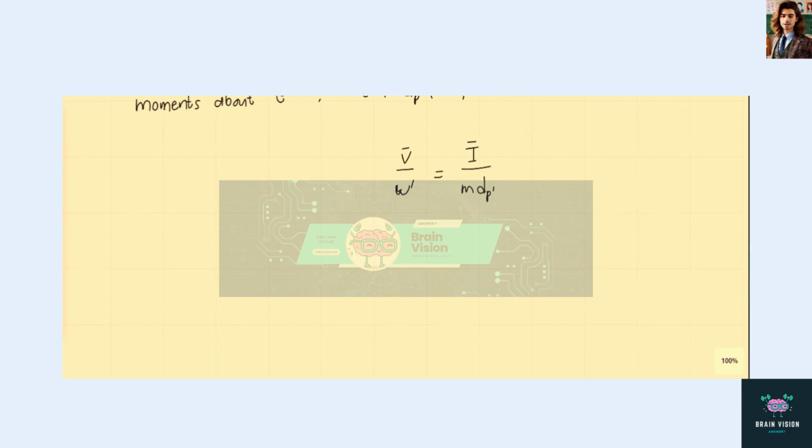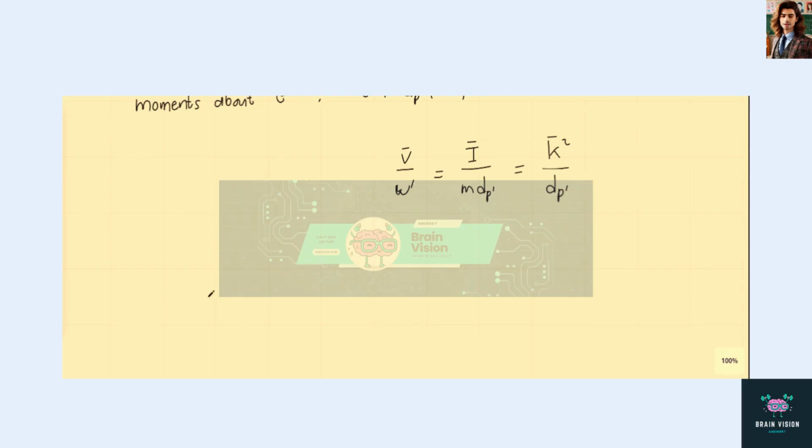And like before, we show that this is equal to k bar squared over dP prime. And now in this problem, we need to find point C prime.